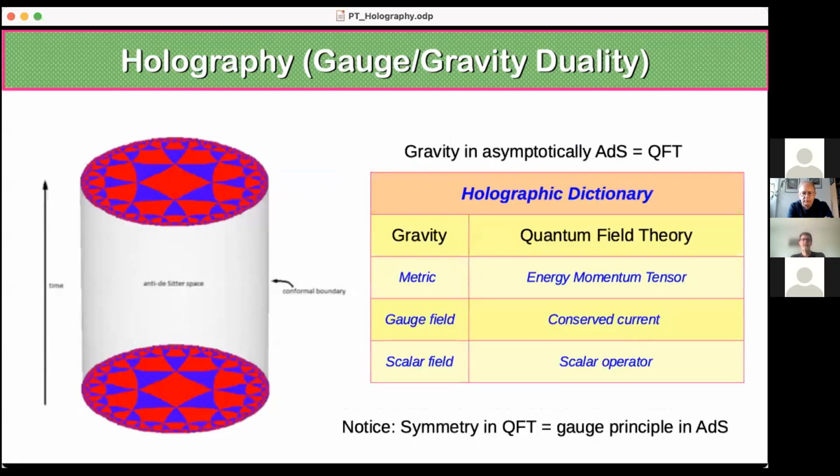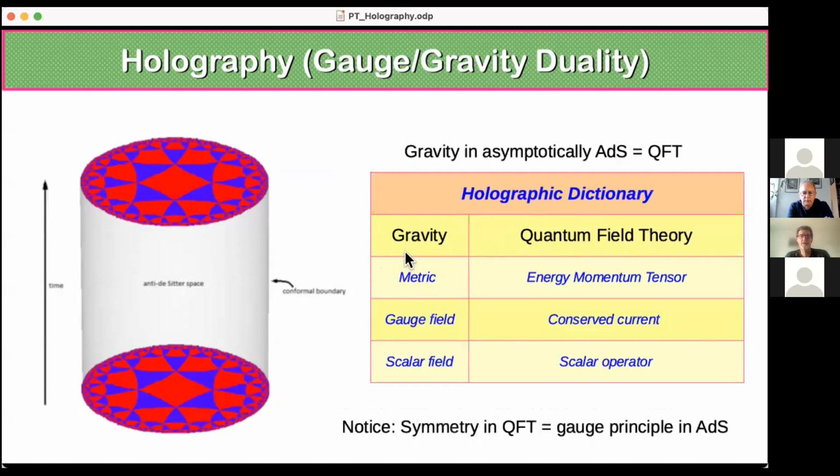Okay, so here again is this holographic dictionary, more schematic. For every field in your gravity theory, there is a dual quantum field theory operator. And this applies even to the metric itself.